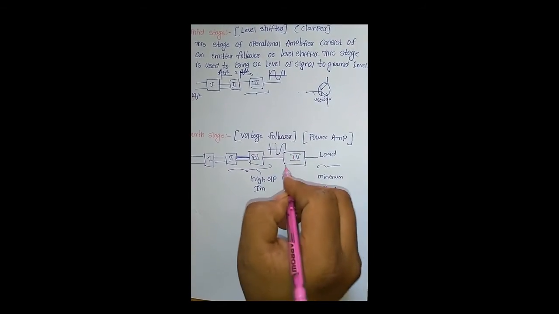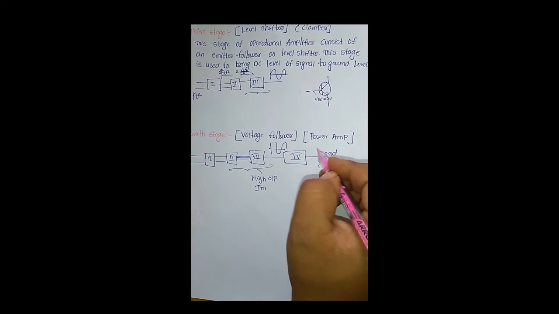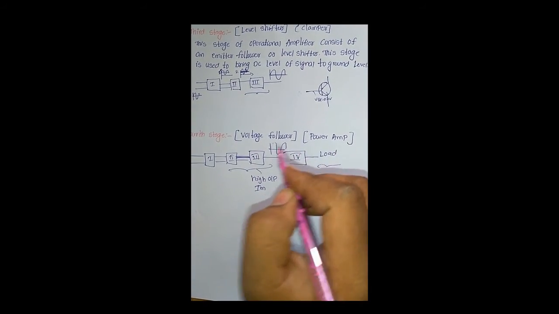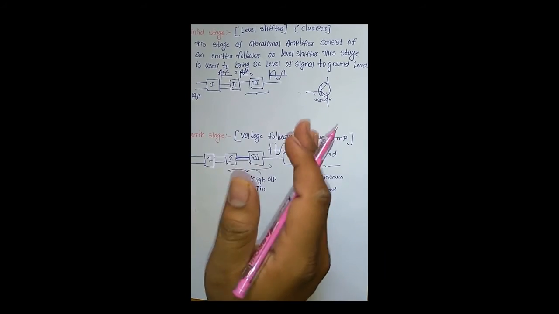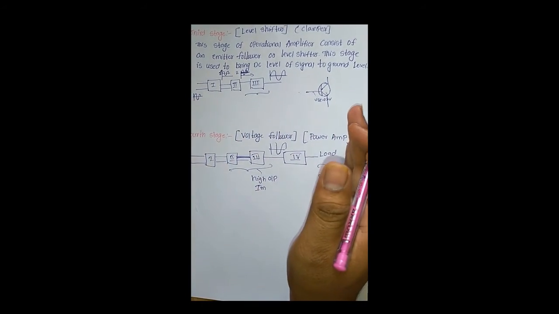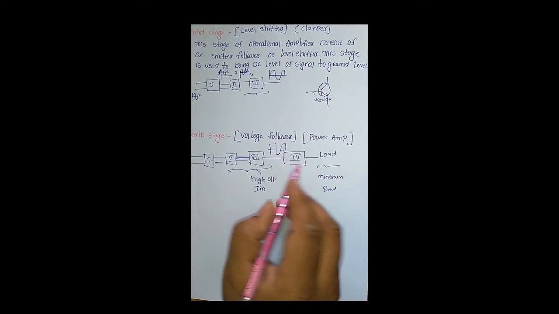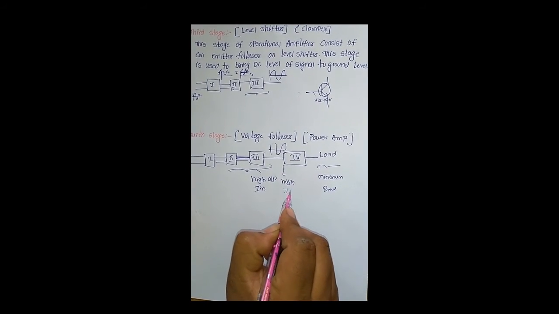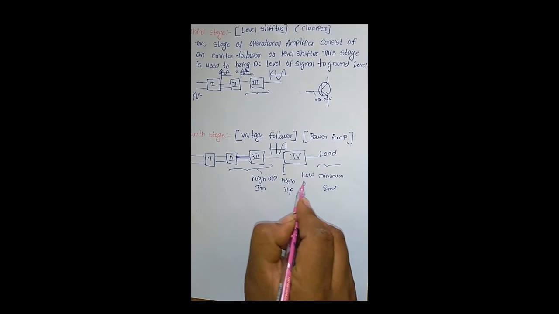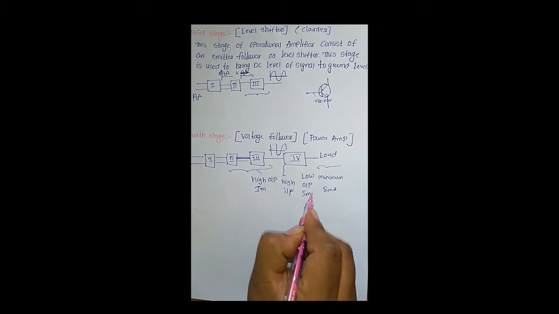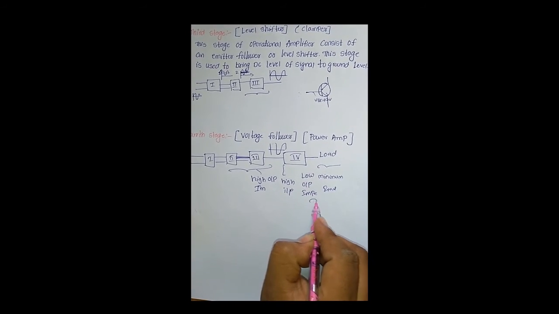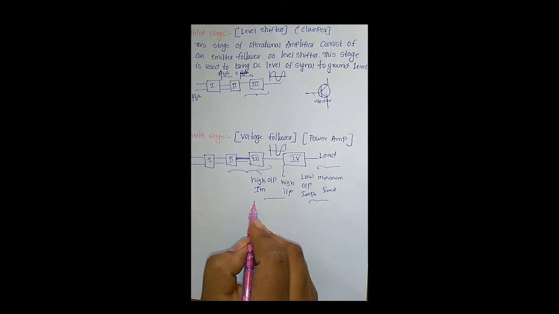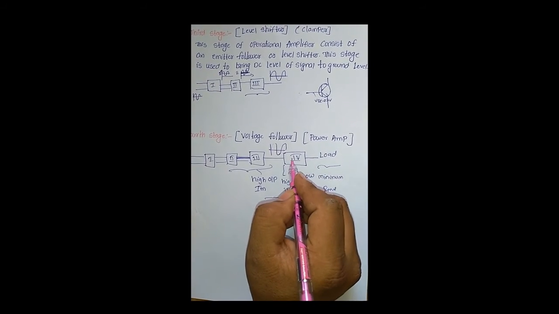So in this fourth stage we are using the power amplifier for transferring the maximum power of the signal from the input side to the output side. This power amplifier has high input impedance and low output impedance, so impedance matching occurs, and this power amplifier can satisfy the maximum power transfer theorem.